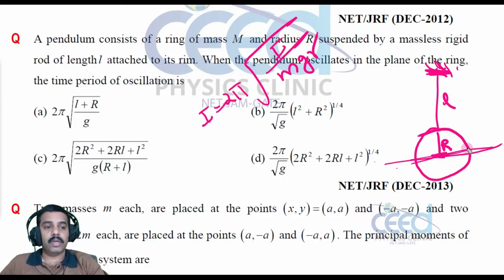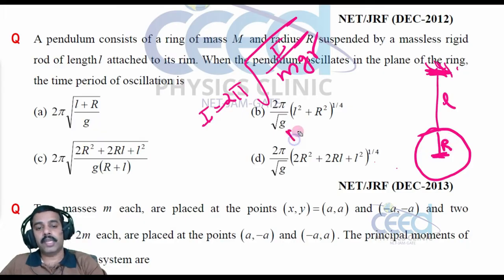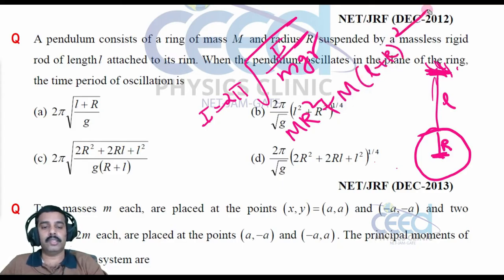Suppose it is rotating about this, when the pendulum oscillates in the plane of the ring, the time period of oscillation, it is oscillating in the plane of the ring, right? So what is the moment of inertia of this system? That is m R square plus, that is the moment of inertia through this ring, right? And this is at a distance L plus R, so m into L plus R the whole square, right?